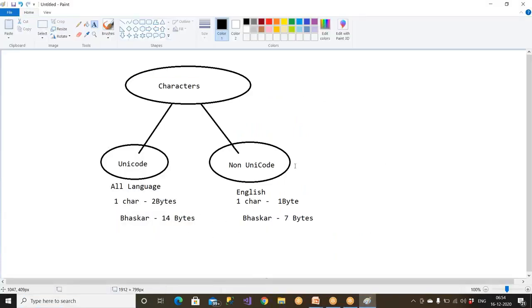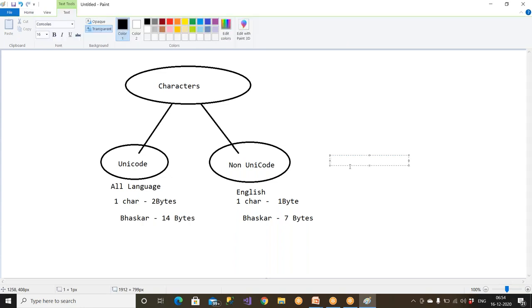So in the non-Unicode sector, SQL Server has a few data types. What are the data types this guy has? One is called char data. The second one is called varchar data. So for char, the maximum data you can store is 8,000, and varchar also maximum you can store 8,000.